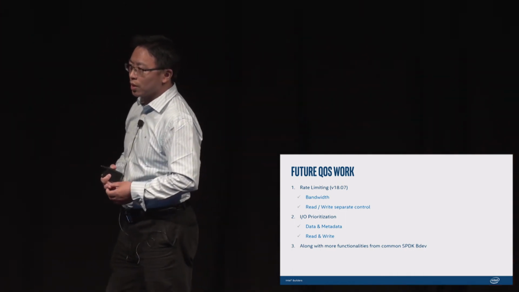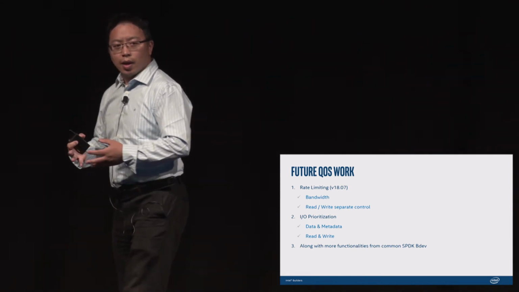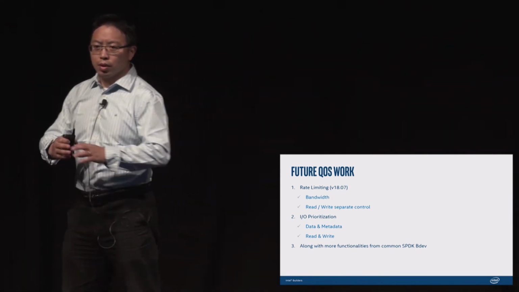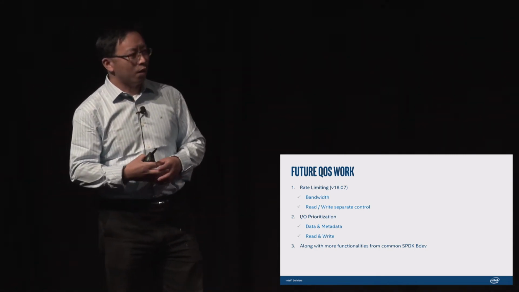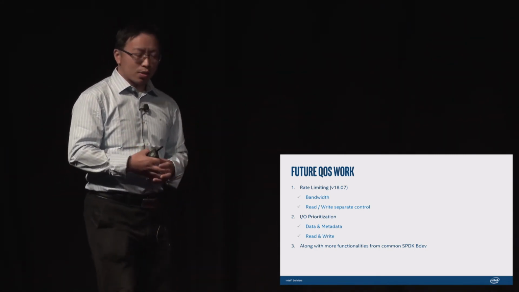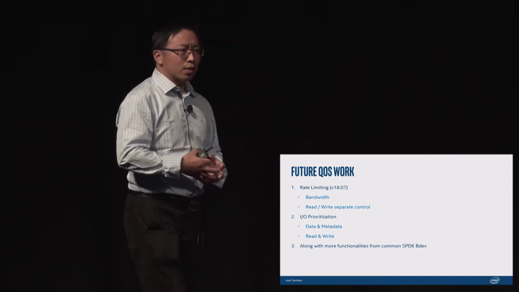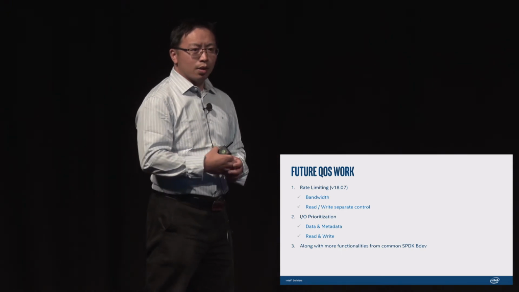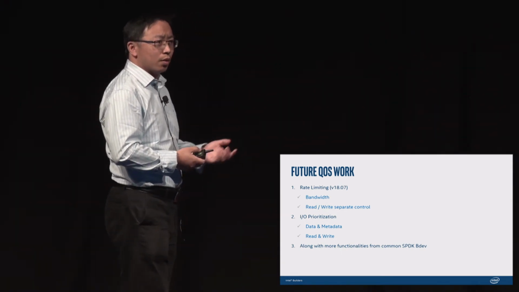For example, as mentioned in the previous talk, the logical volume has some limitations. For example, we so far cannot expand across different devices. Once the logical volume supports the capability to aggregate or concatenate different backends, the QoS can also be enabled on that logical volume.